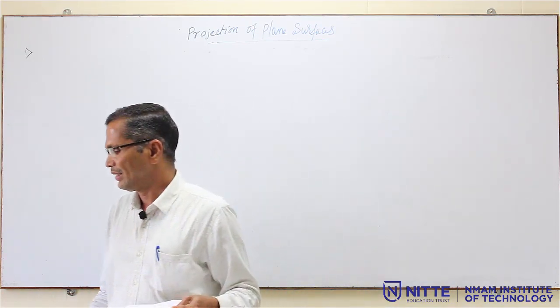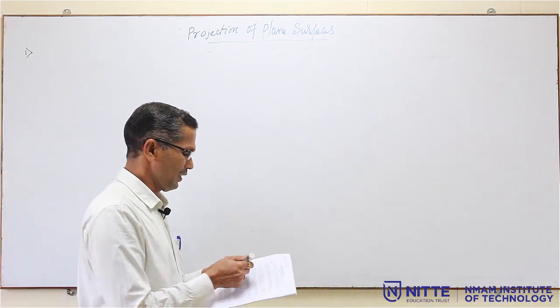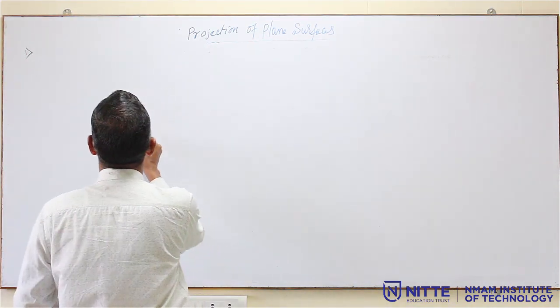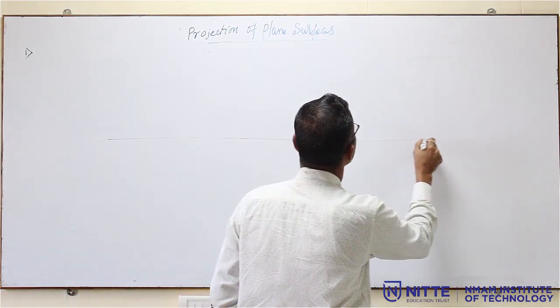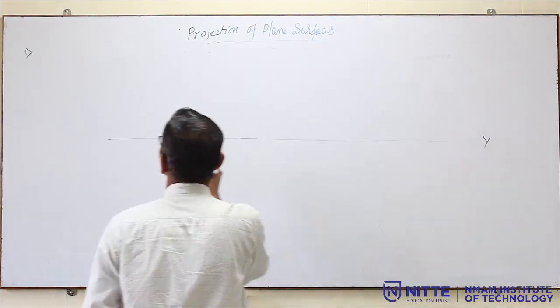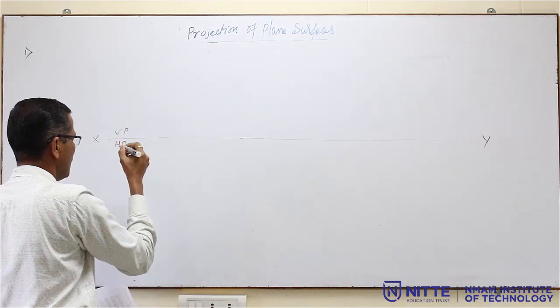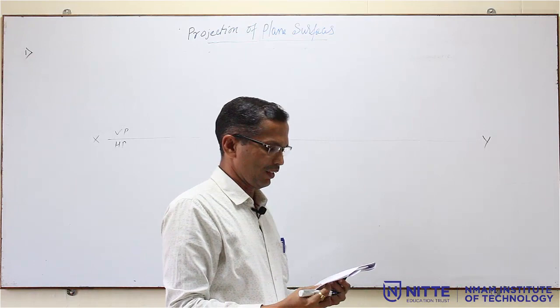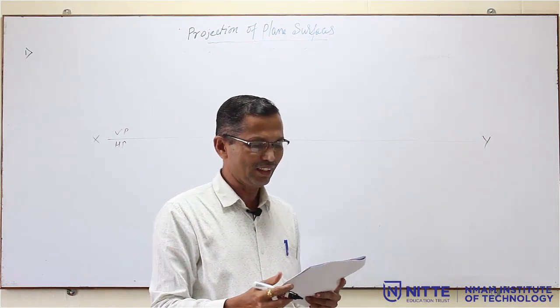First we start with the initial position. Draw the xy line, then VP and HP. And from where do we have to start? In the last class I told you to check the surface inclination to which plane.